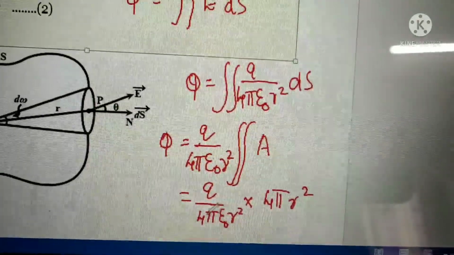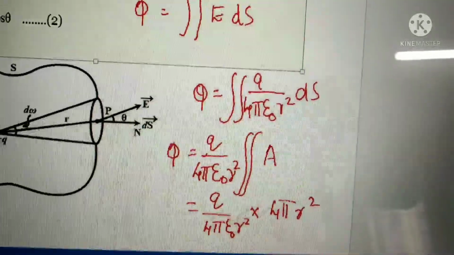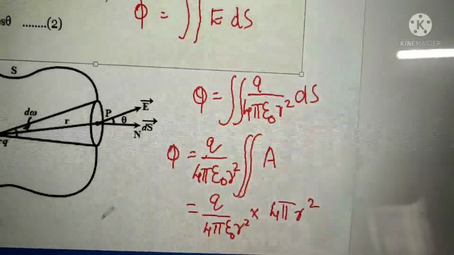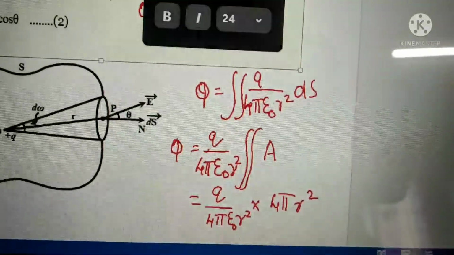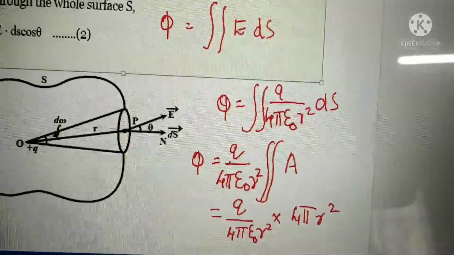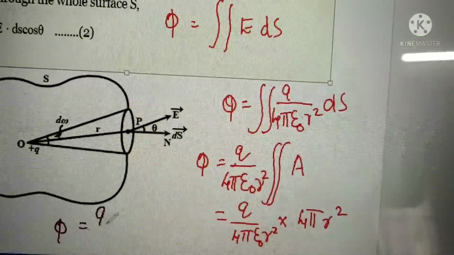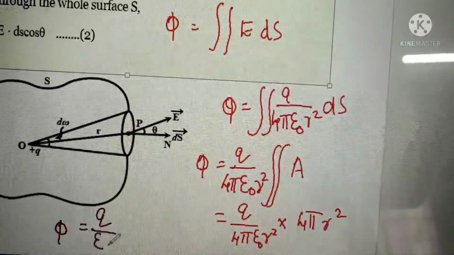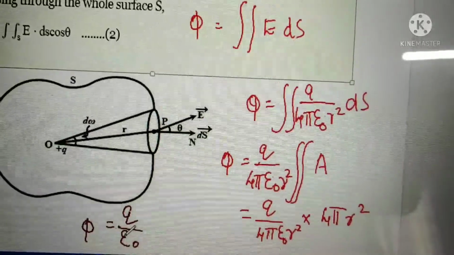Now look, 4 pi and 4 pi get cut off, r square and r square get cut off. Finally, we have proved that phi is equal to q upon epsilon naught. This way we can prove Gauss theorem. So that's it. Thank you.